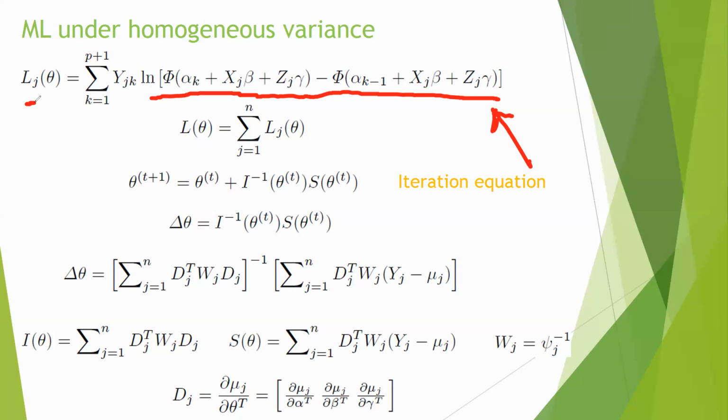Once you have defined the likelihood function, the rest of the steps are the same. You just take the log likelihood function and do the first derivative and then the second derivative. You set the first derivative equal to 0 to solve the equation, right? Then you can get the estimation for the parameters of interest. And if you want to calculate the variance of the estimation of the parameter, you do the second derivative and get the information matrix, and then bingo, you're done.